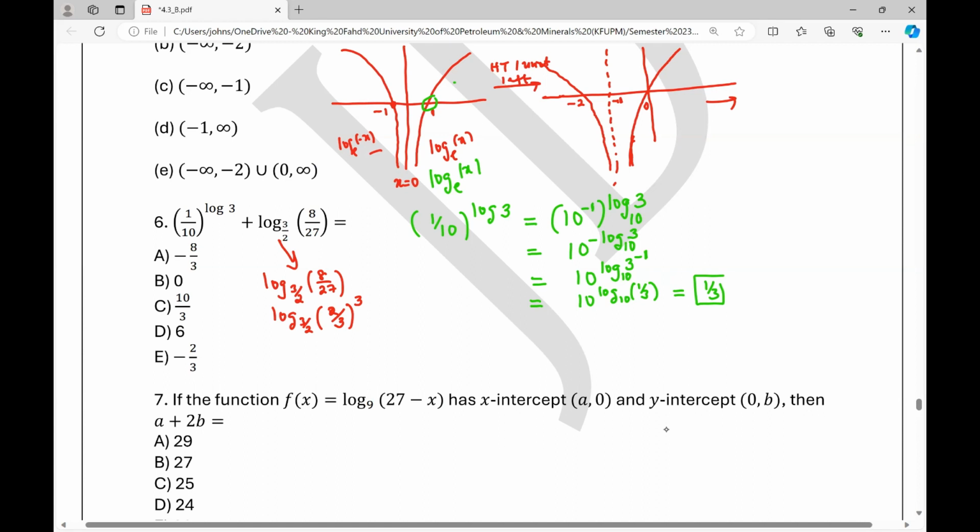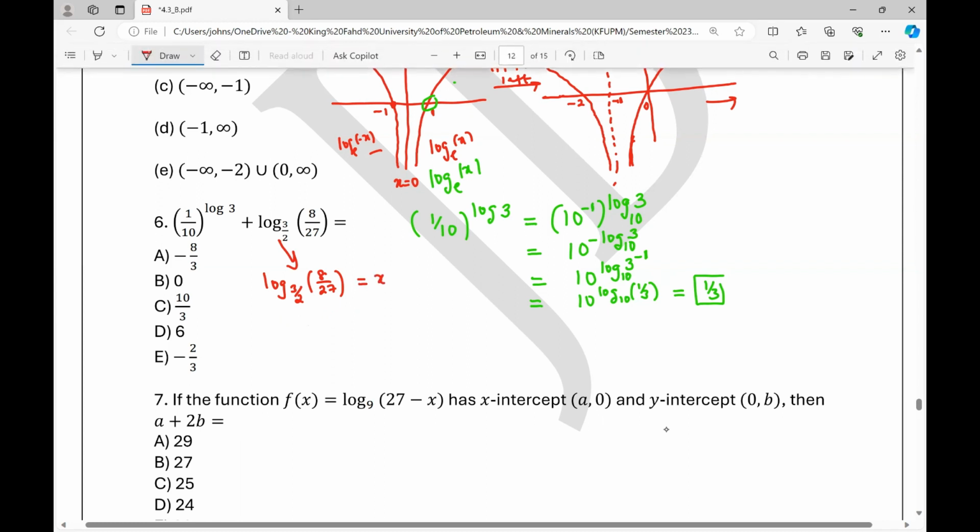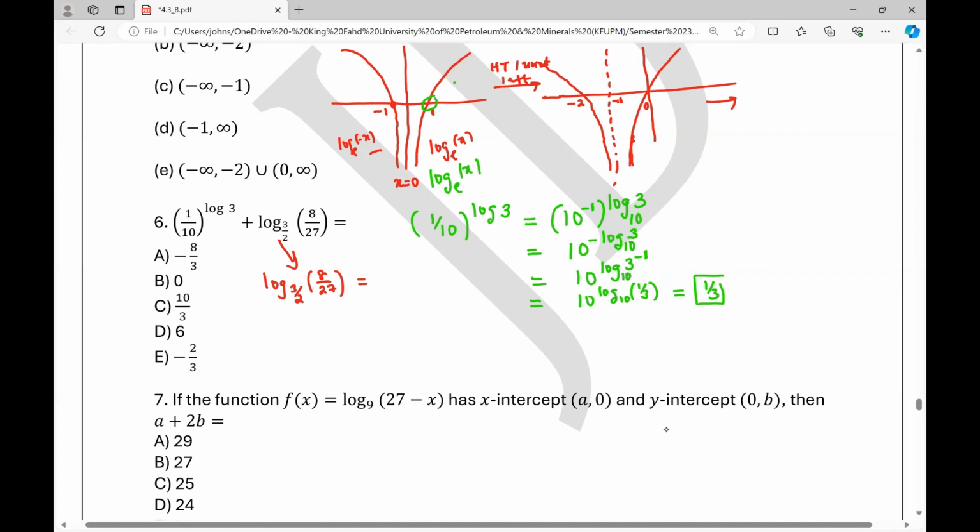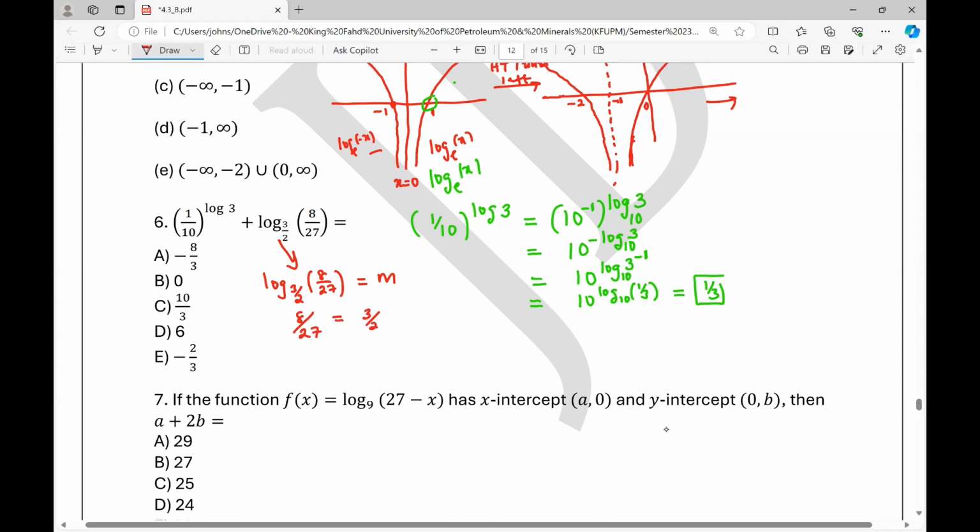Okay, so what can we do now? This 3, we can bring down. Or another way to do this, you just say, okay, let this be equal to m. So change it to exponential form. This means that 8 over 27 is going to be 3 over 2 to the power m.